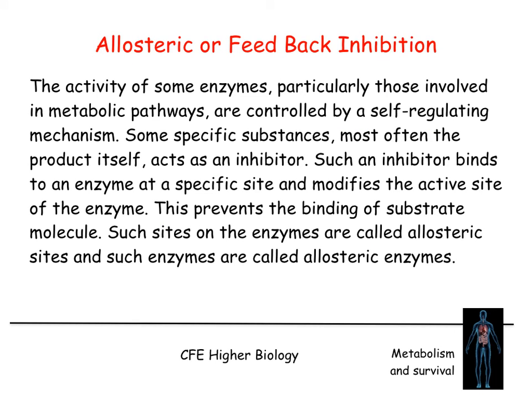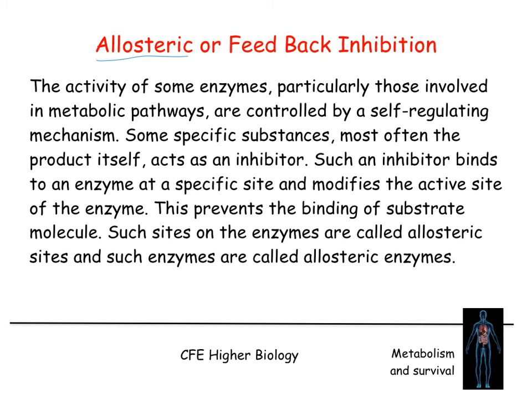Now we're going to have a look here at what's called allosteric or feedback inhibition. Now some enzymes involved in metabolic pathways are controlled by a self-regulating mechanism. There are some substances, and often it's the product itself, that acts as an inhibitor.